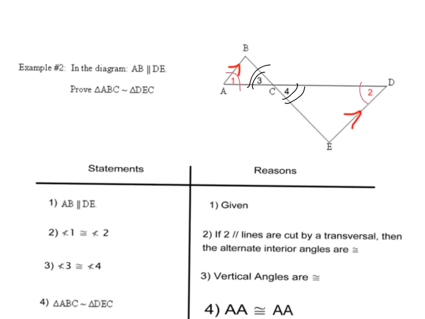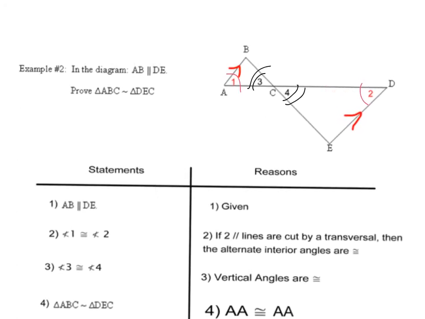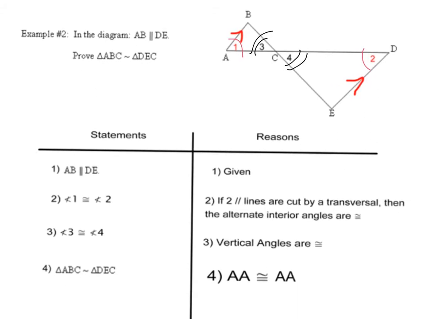So we're going to go 3 is congruent to 4 from vertical angles are congruent. And now we're totally done. The triangles are similar based on angle-angle. You will find that these similar triangle proofs are, in the beginning, a lot easier than congruent triangle proofs because you only need two pieces of the puzzle. Let's take a look at the next one.